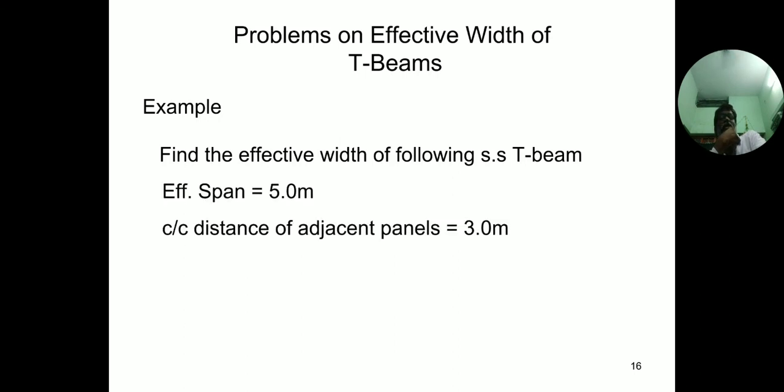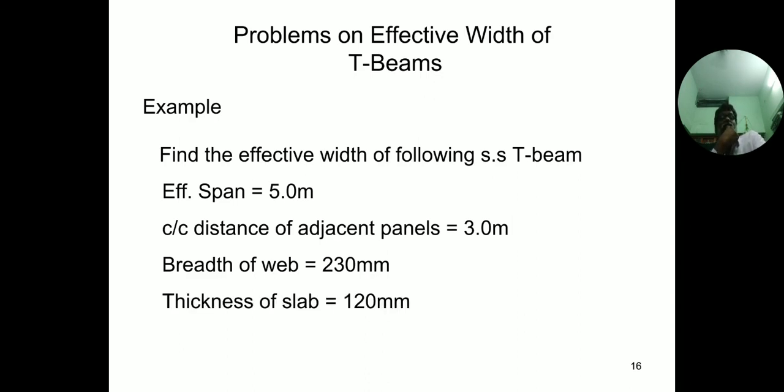Effective span 5 meters, center to center distance of adjacent panels 3 meters, breadth of the web 230 mm, thickness of the slab 120 mm. Write down the problem.